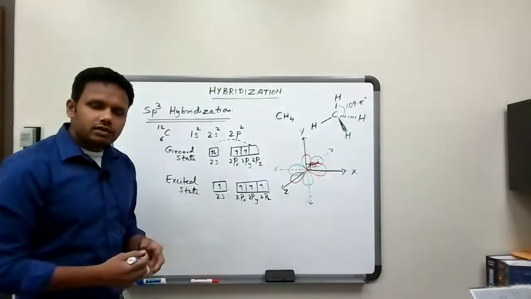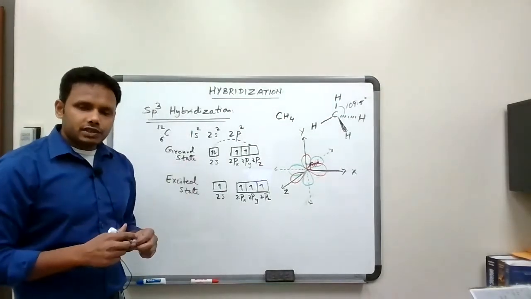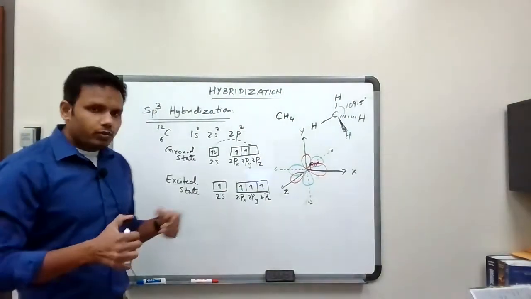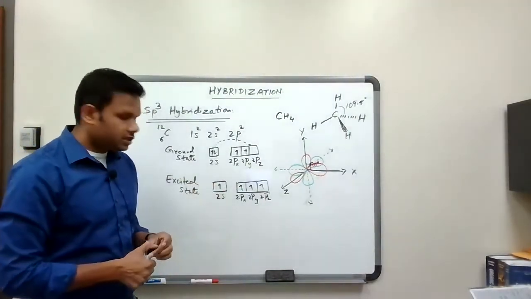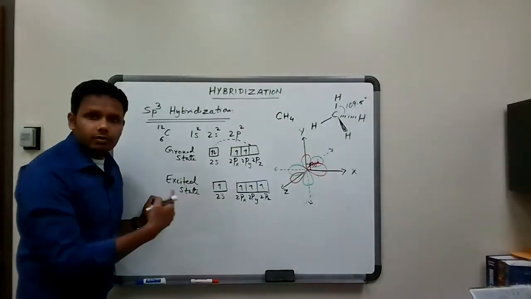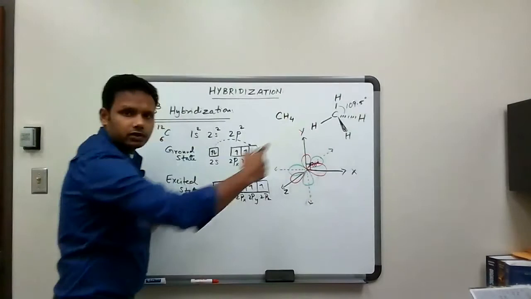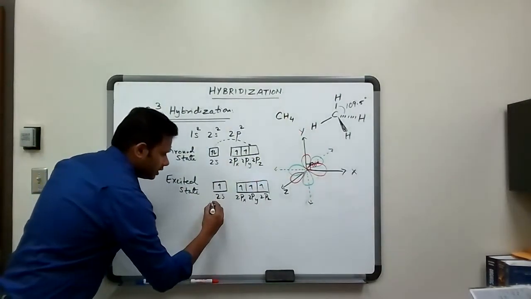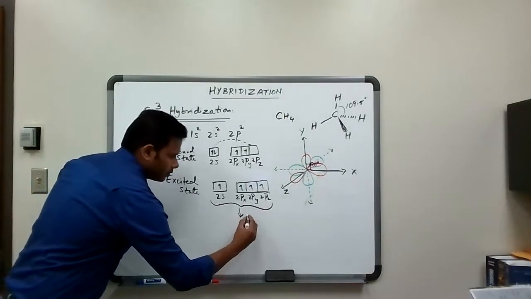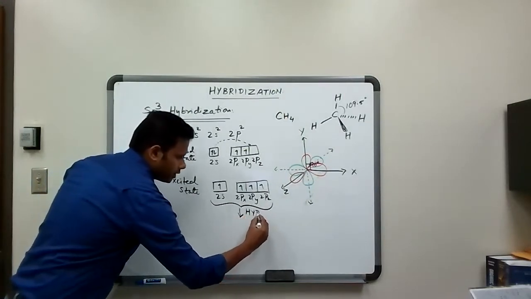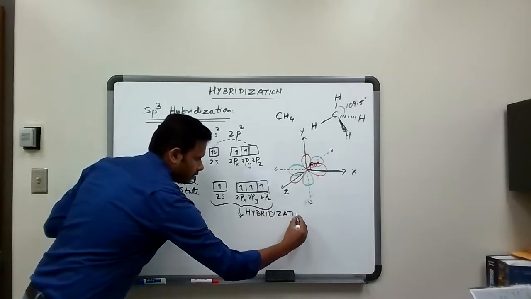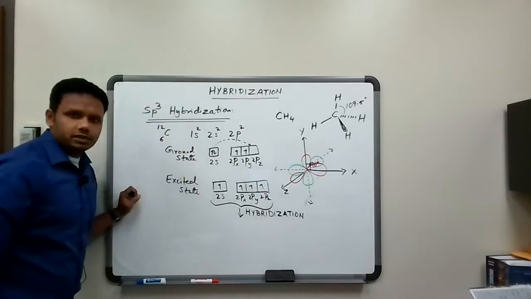And so this is where the concept of hybridization comes in. The way we explain this discrepancy is by saying that since carbon has to make 4 bonds, it takes these 4 orbitals and undergoes a theoretical process called hybridization.